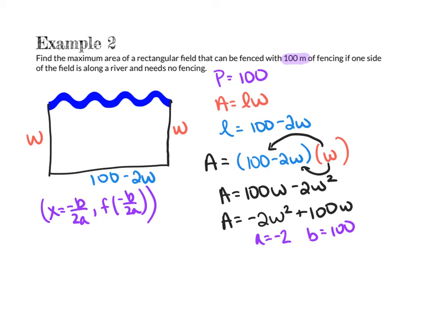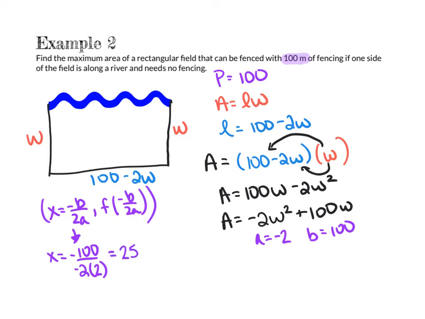To find the x-coordinate, x is equal to negative b over 2 times a, so negative 100 over negative 2 times 2. Negative negative makes a positive, and 2 times 2 is 4, so it's 100 divided by 4, which is just 25.